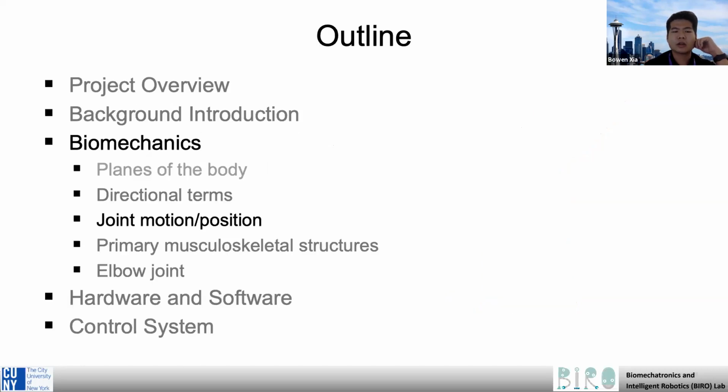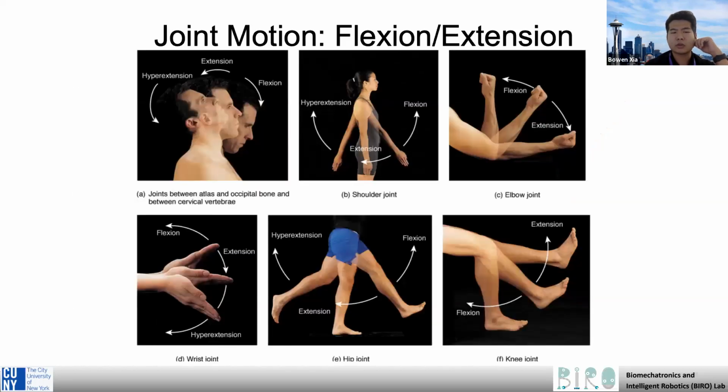And now let's talk about the joint motion and positions. For joint motion, there are two very common motions, flexion and extension. A lot of our joints can perform those two motions. For example, the neck, as the first picture here shows: flexion, extension, and hyperextension.